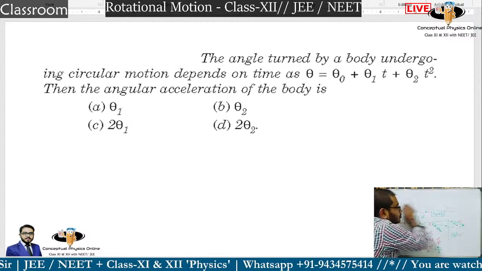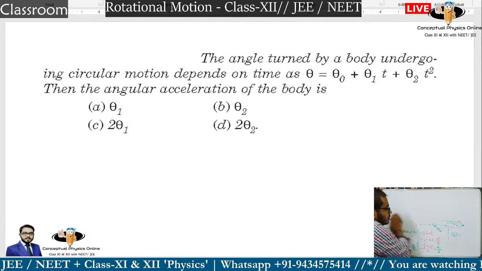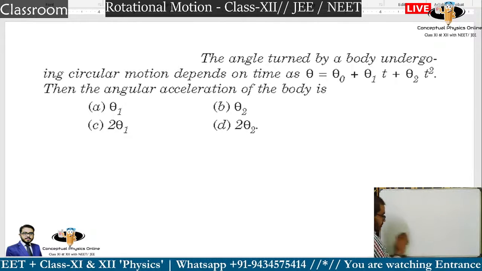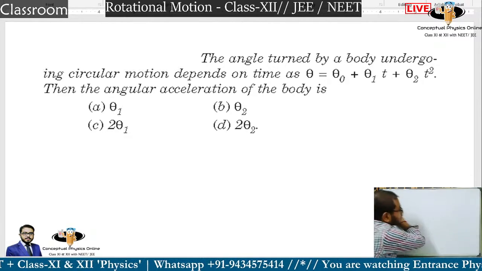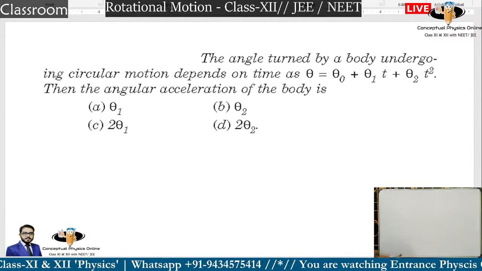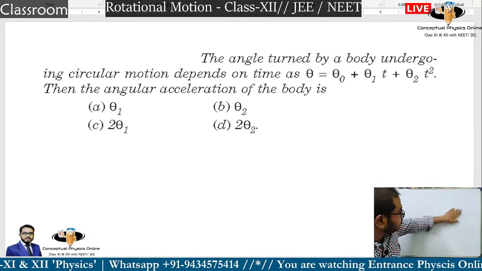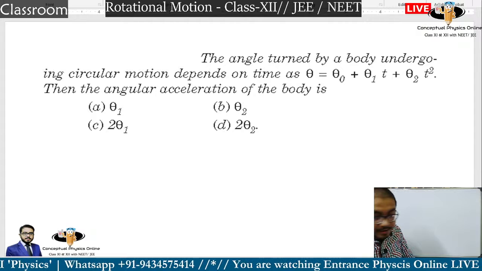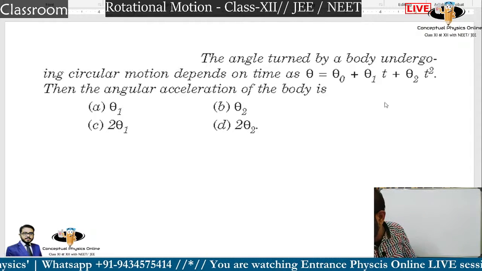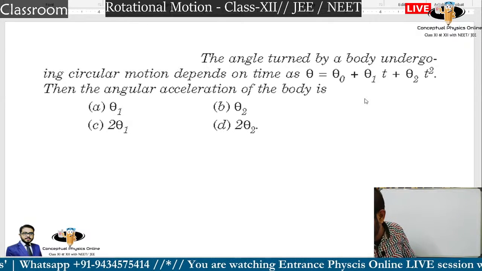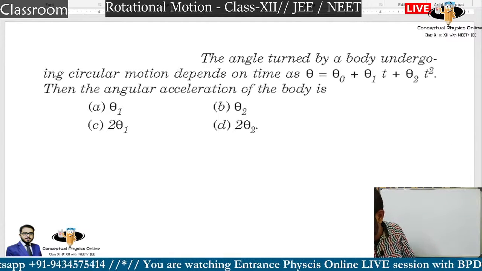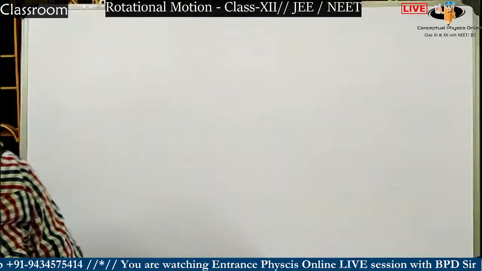So this is a simple question, you are watching it on your screen. An expression related to angular displacement. Theta is nothing but the angular displacement of a body, right? So let's change the view first.